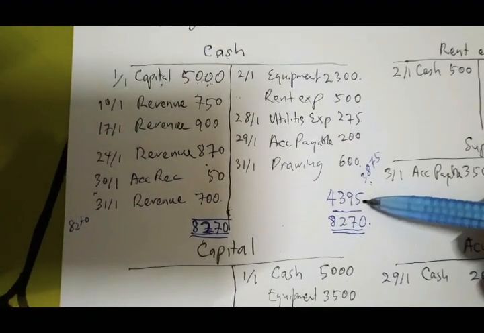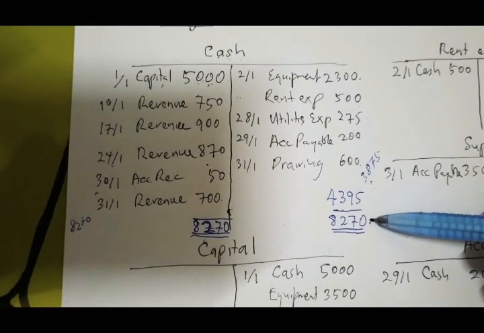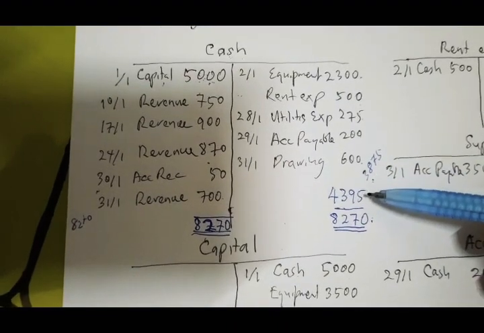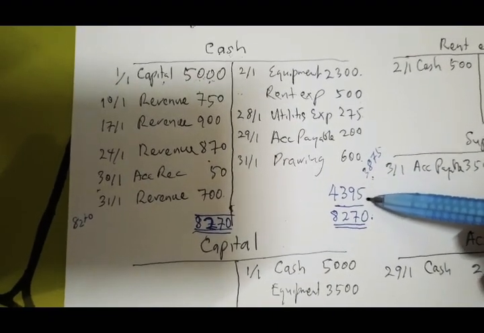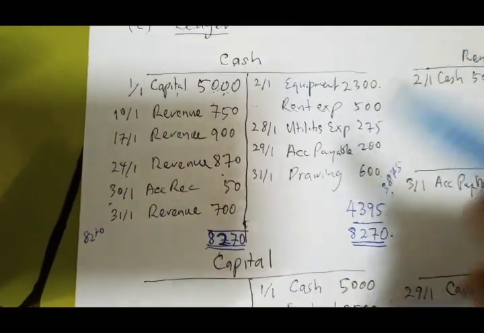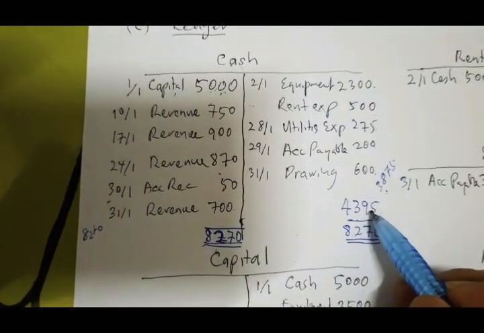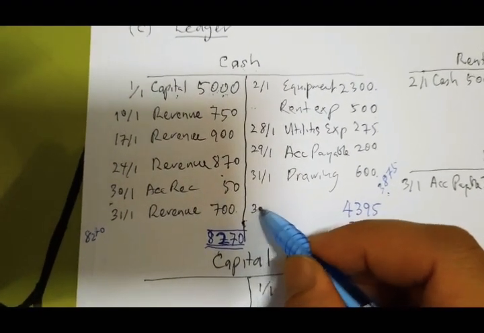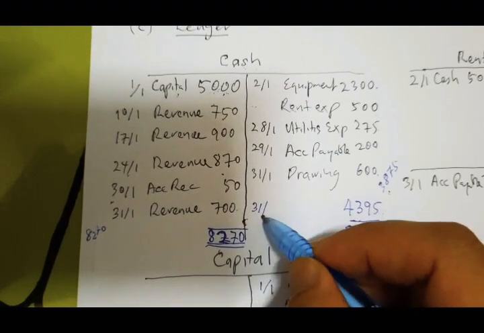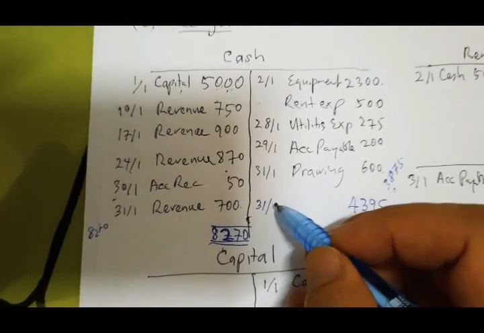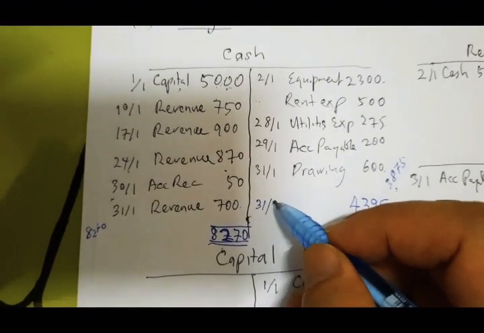This is the ending balance for the account cash. When you get this number, you write the date, which is the last day in this month or year.